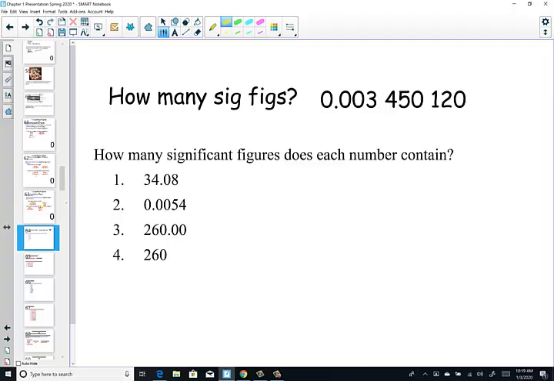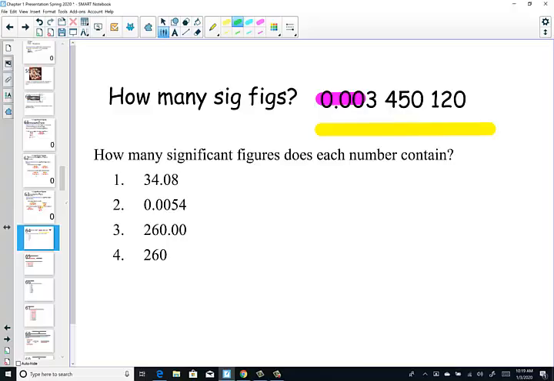So let's try one. How many sig figs in the value 0.003450120? Our rules say that any zero that starts a number and is just there to use as a placeholder are not significant.